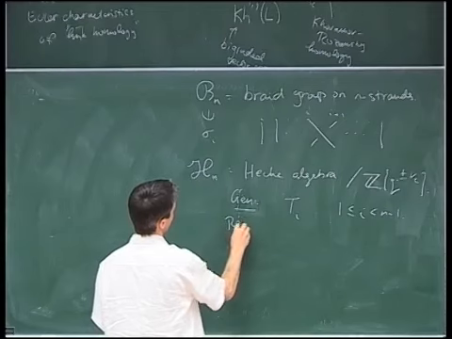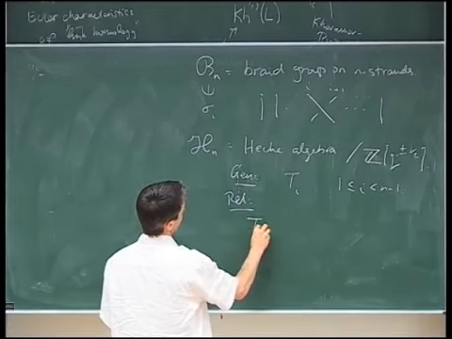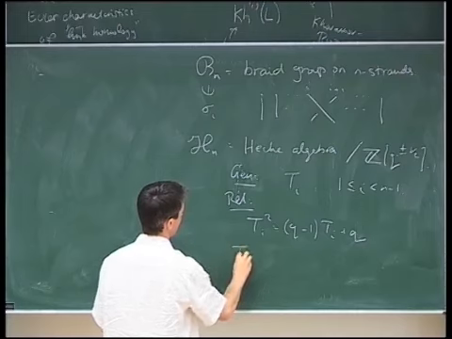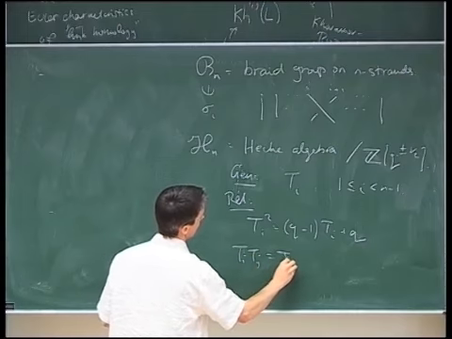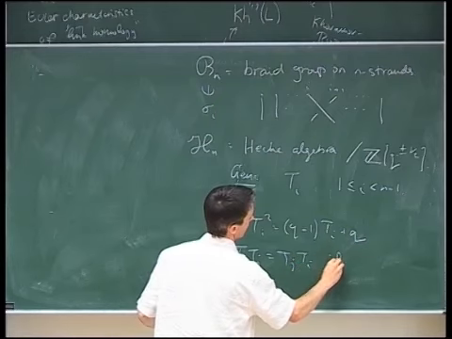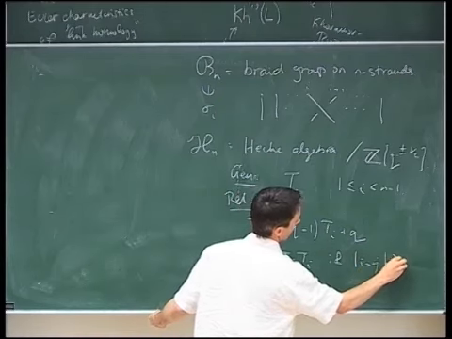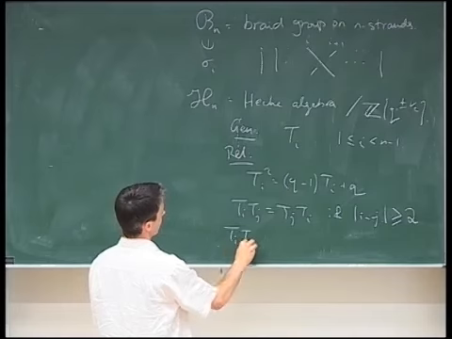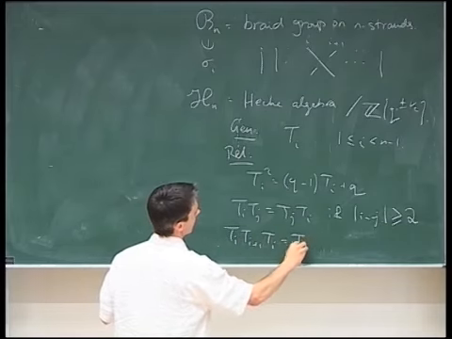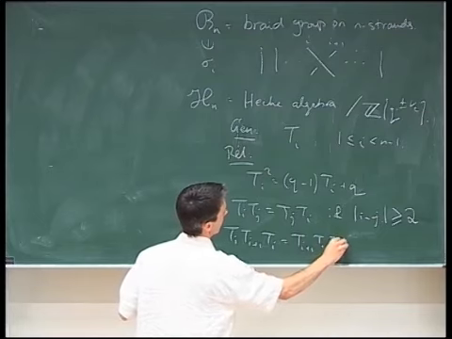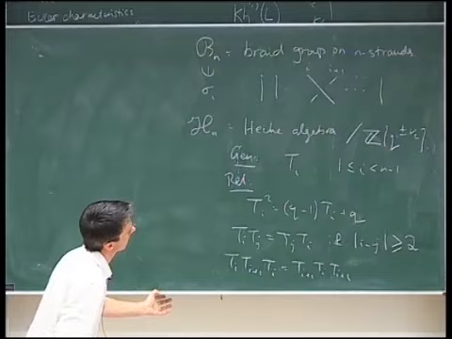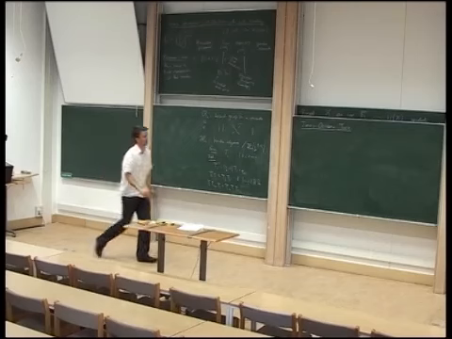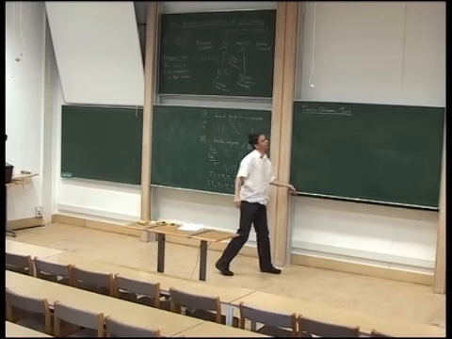And the relations are T_i squared is (q-1)T_i + q, T_i T_j equals T_j T_i for far apart i and j, and lastly, the braid relation. And I think everybody knows the Hecke algebra much better than I do.